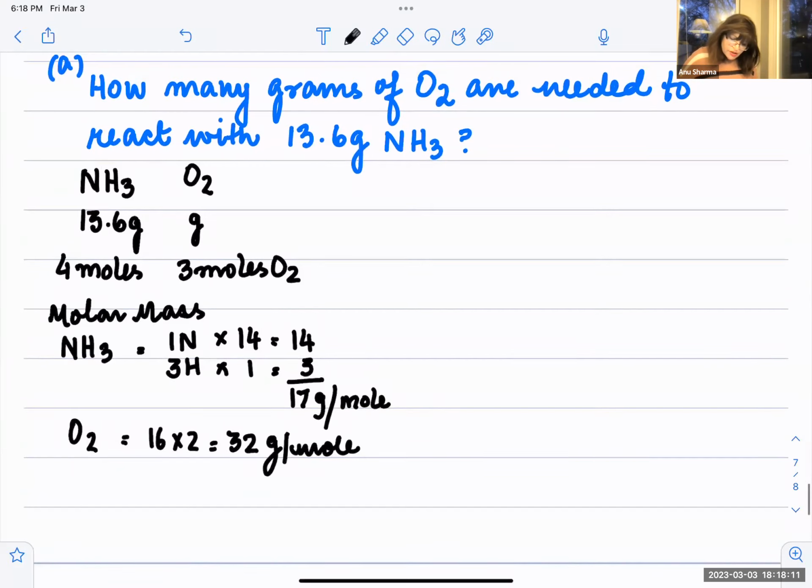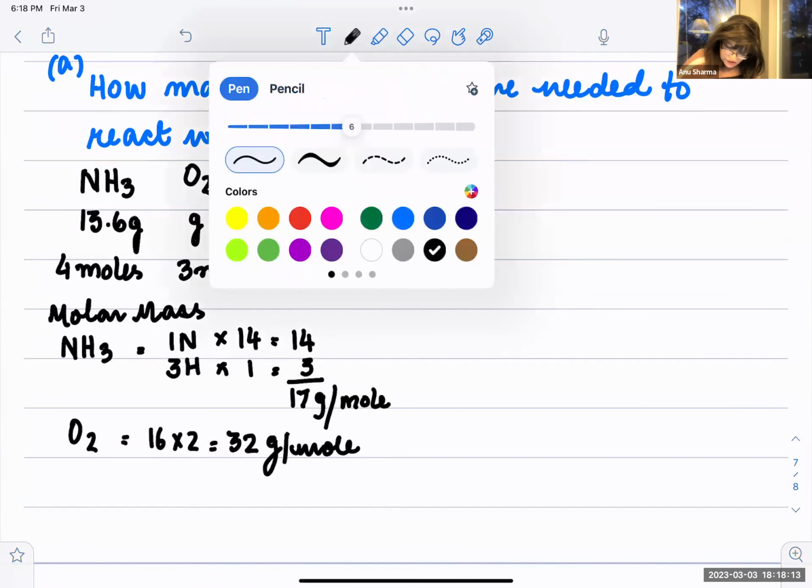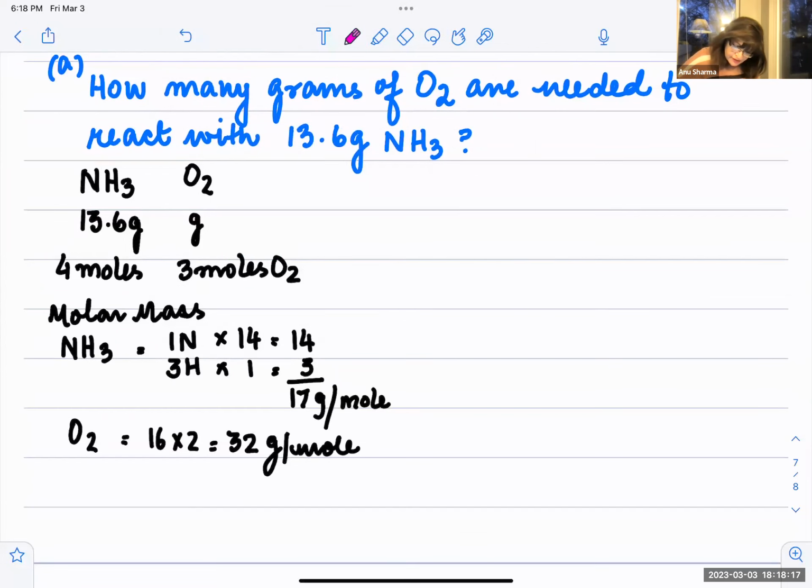So what is the strategy? The strategy is that you are going to take the given ammonia. Take the grams of ammonia and convert that to moles of ammonia. How? You divide by the molar mass of ammonia, 1 mole of ammonia over the molar mass.